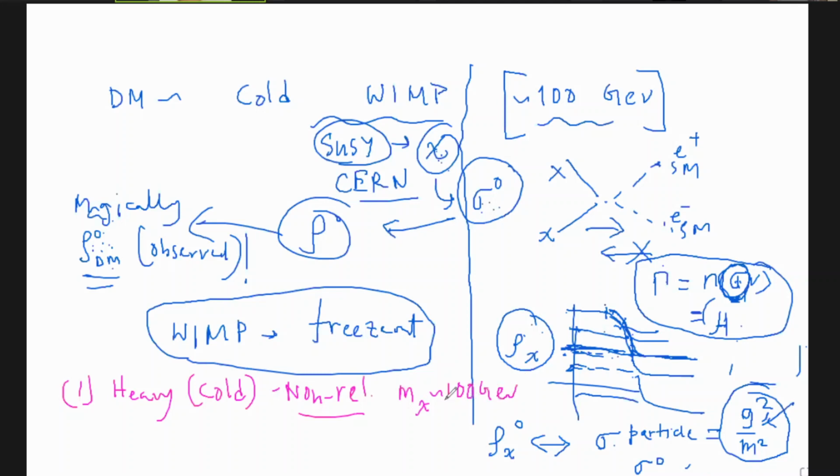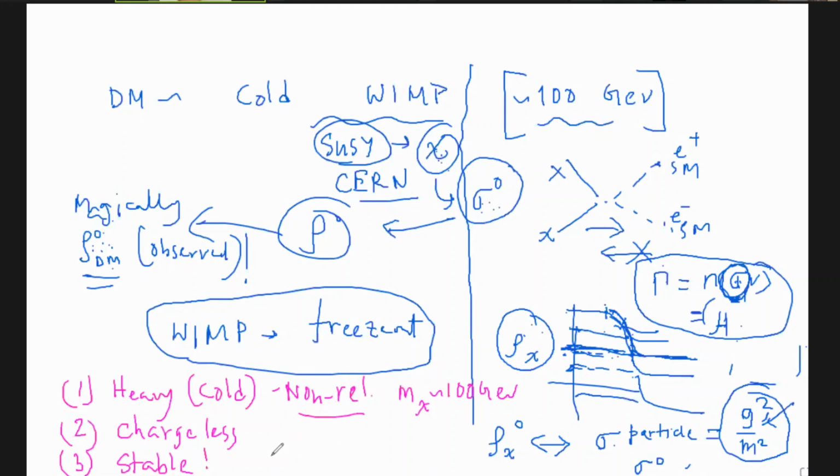So they became non-relativistic at a very early time. Number two, chargeless. Dark matter cannot be charged, because if they had charge, they would interact with light, photons, and we would have detected them. Number three, they are stable over billions of years. If they decay into some other particle, then you cannot do that.